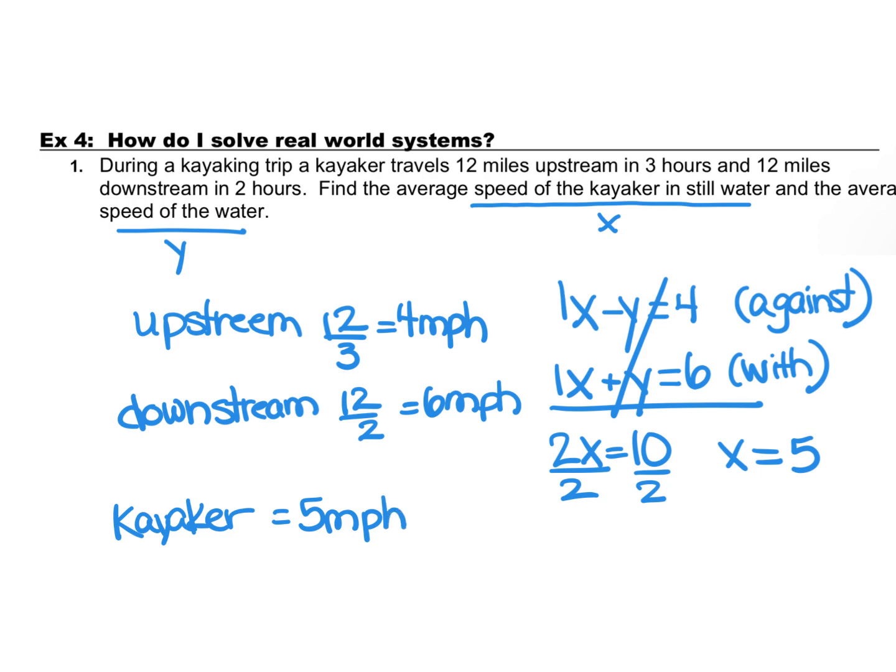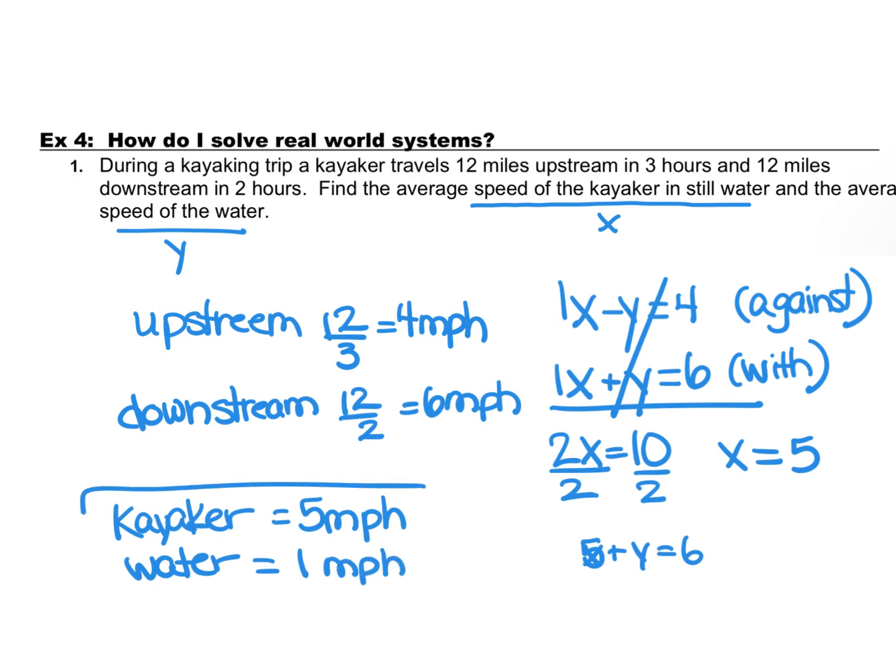The average speed of the water is our y, so I'm just going to plug it in here: x plus y is equal to 6. I'll plug in the 5, so the water is going to be 1 mile per hour.